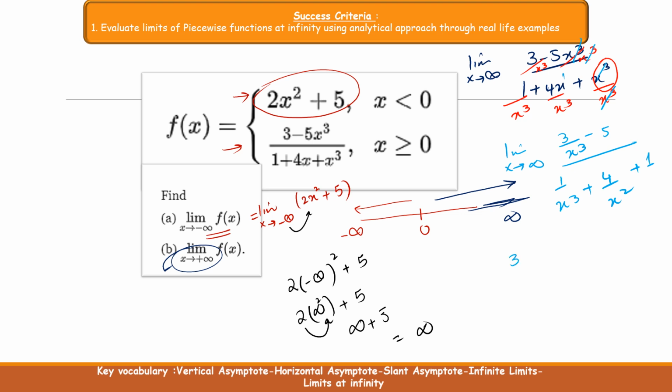Apply the limit, so wherever x is replaced by infinity, just write the infinity everywhere. So 3 over infinity is 0, minus 5, 1 over infinity is 0, 4 over infinity is 0, and 1. So the answer is negative 5 over 1, that is negative 5.